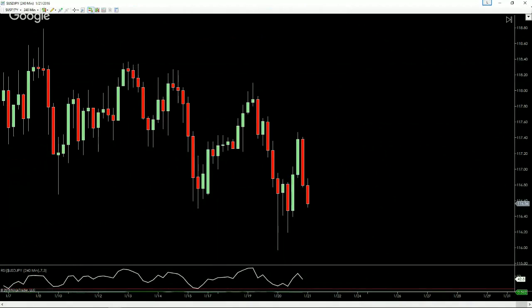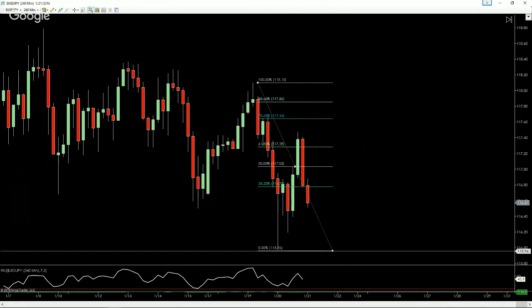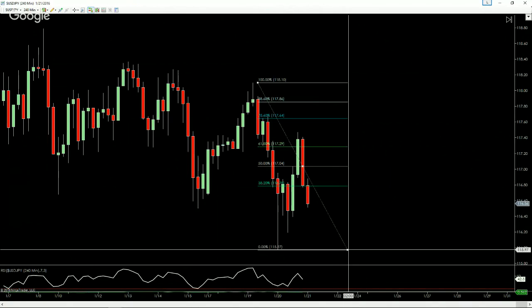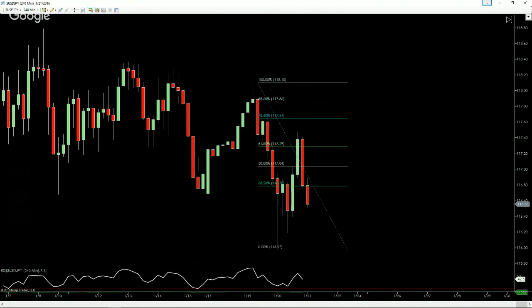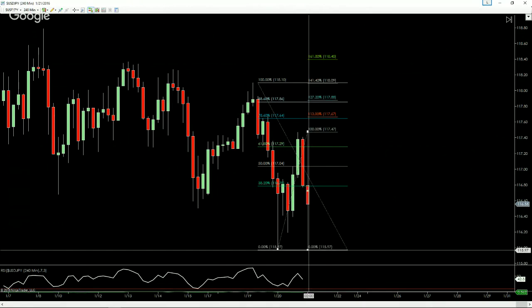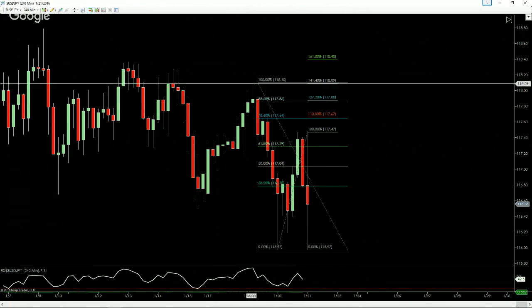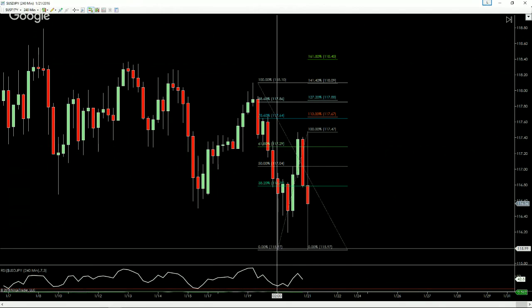On the 240, another possible Gartley pattern right here.